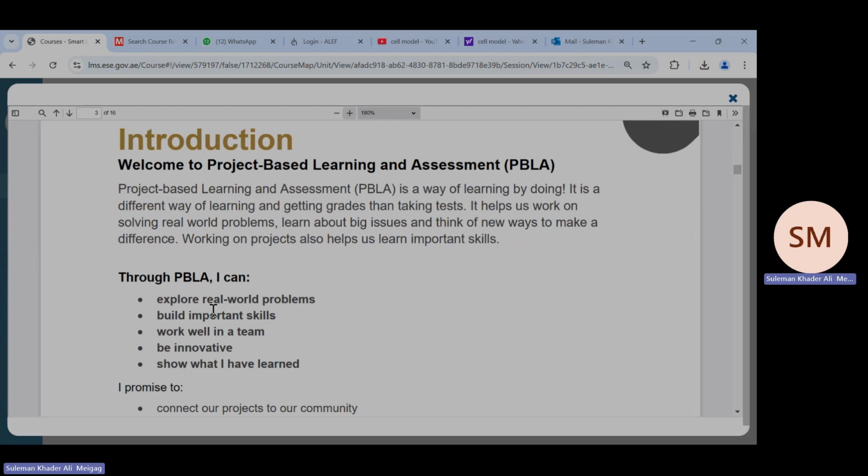This project will help you explore the real-world problems, build important skills, work well in a team, be innovative, and show what I have learned.